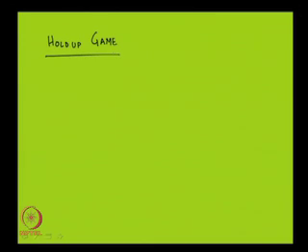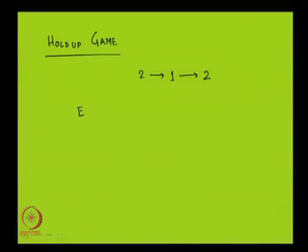In this hold up game, first player 2 moves, then player 1 moves, and then again player 2 moves. And what does player 2 do in the beginning of the game? Well, player 2 can do either of two things. Player 2 can either exert little effort, which we shall call effort E.